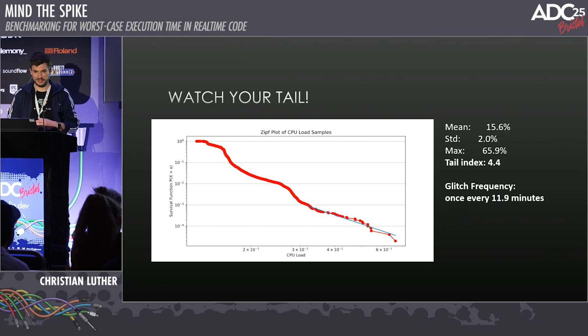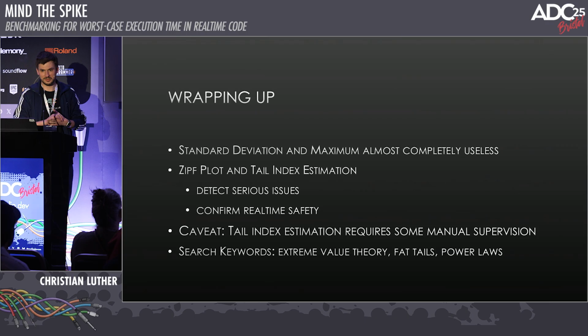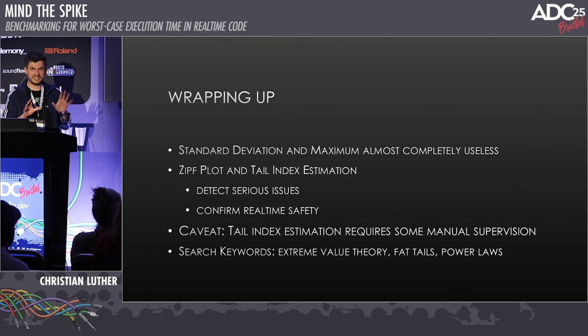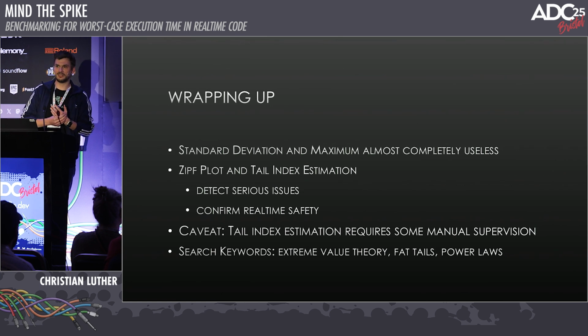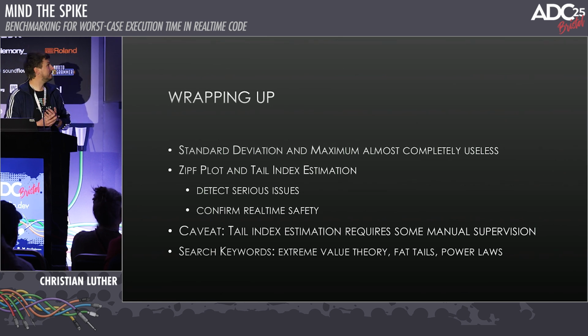And yeah, to wrap this up, we've seen that the standard deviation and even computing the maximum is almost completely useless. It can show us that there is something we probably need to look at. And one way to do this is using this Zipf plot and estimating the tail index.